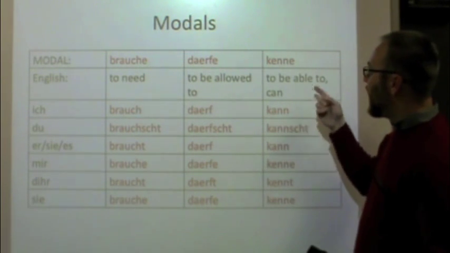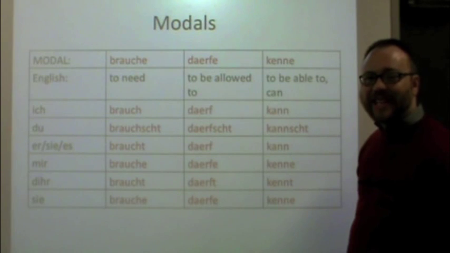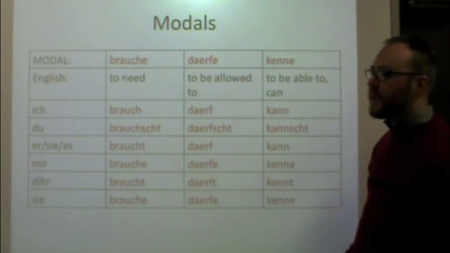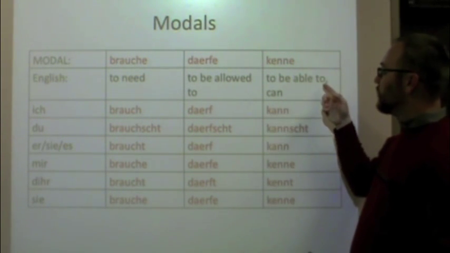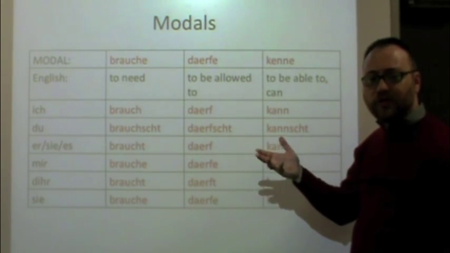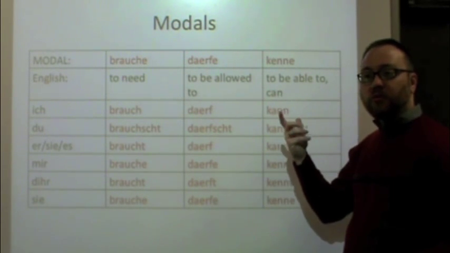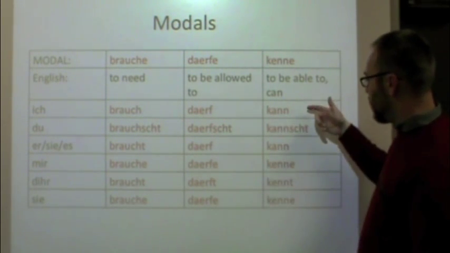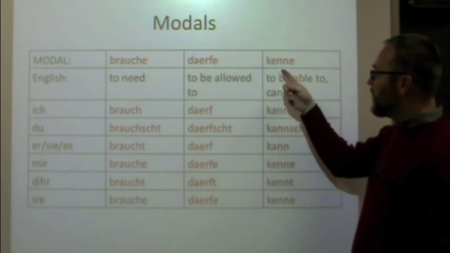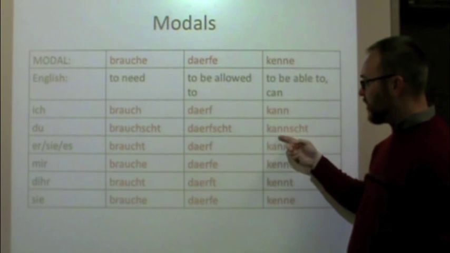Okay. And next one, kenne, K-E-N-N-E. Kenne means to be able to, or in English, can. Can I go to the movies? I am able to read Shakespeare, for example, something like that. So here's how that conjugates out. Notice the E in the infinitive changes to an A in the first 3 forms.